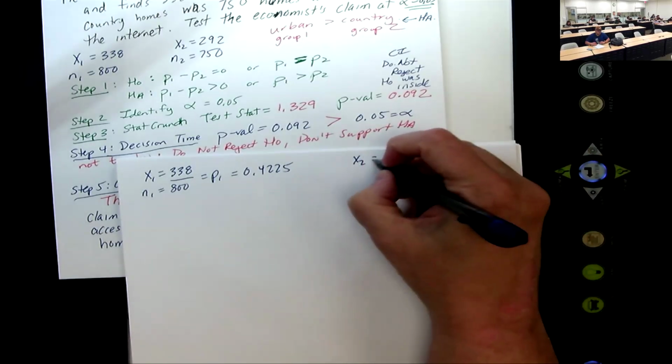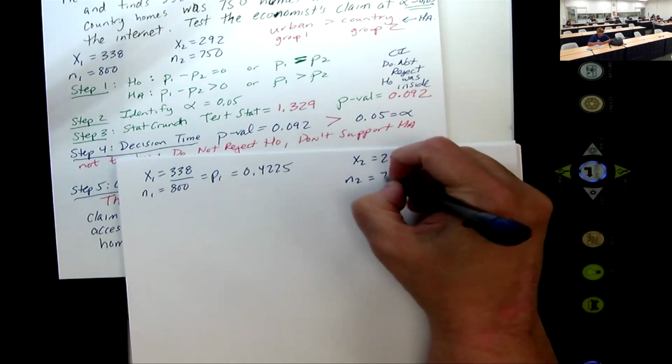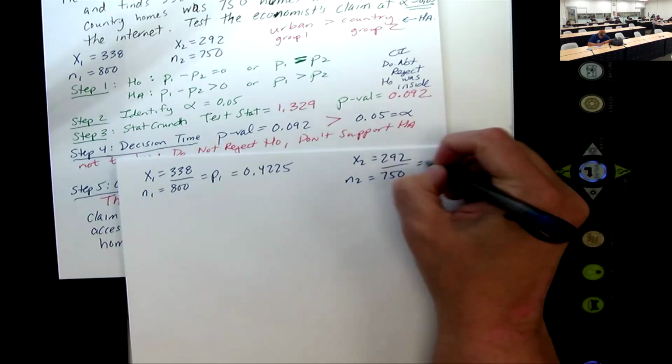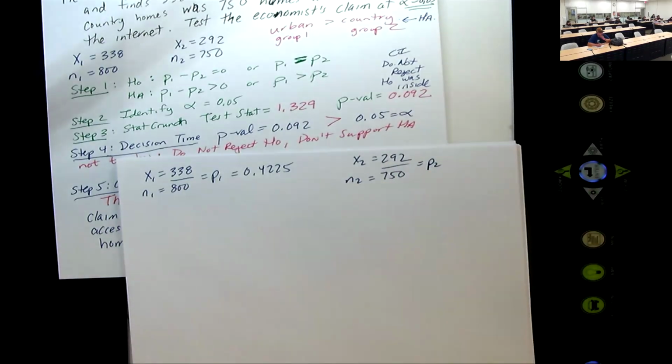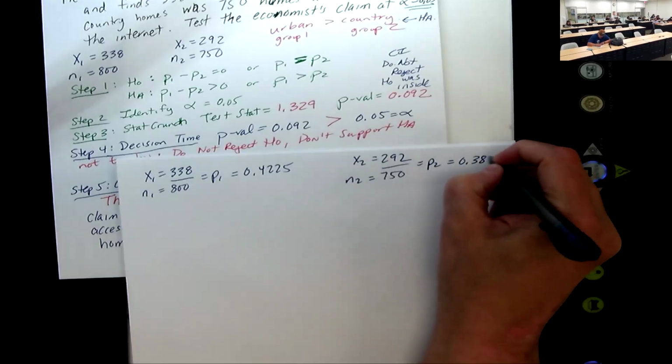X2 was 292. N2 was 750. If we divide those, we get P2, some repeating decimal.